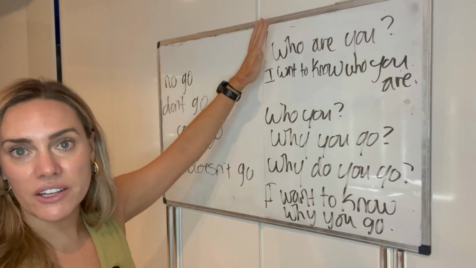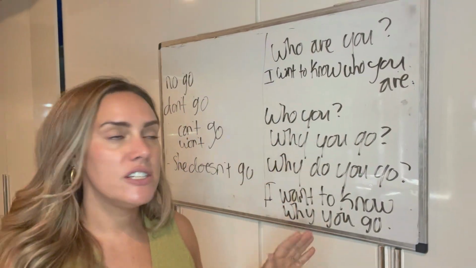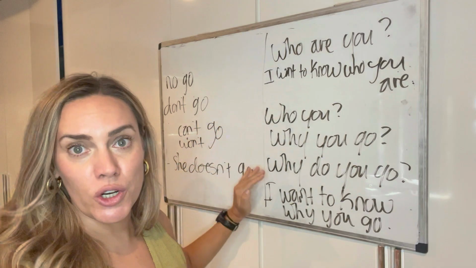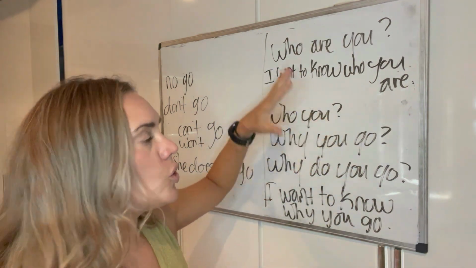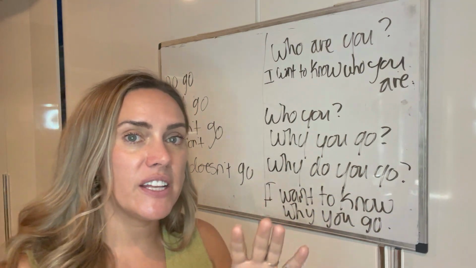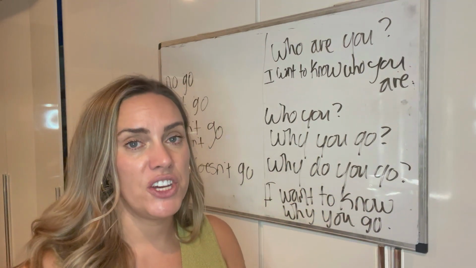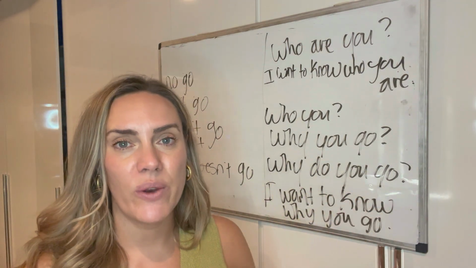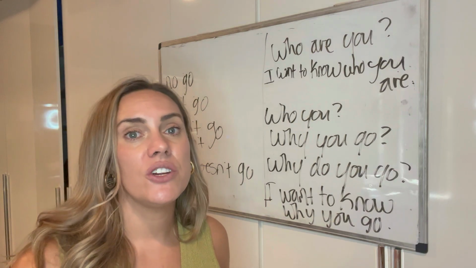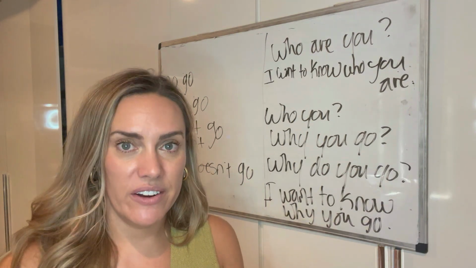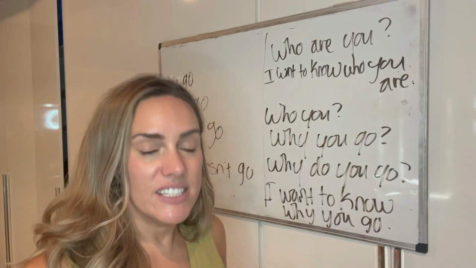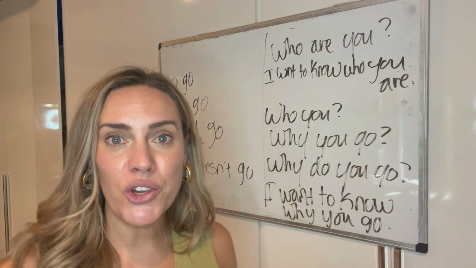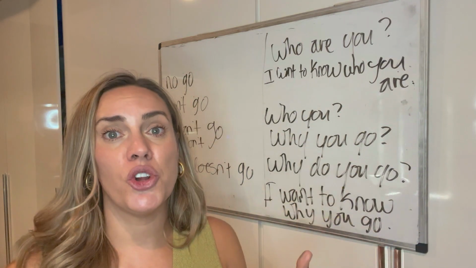So let me give you an example. Here on the board, I have some words written down. They're related to questions, specifically WH question formation: who, what, when, where, why, how. Those information questions require, just like other questions, sometimes, not always, the use of the auxiliary verb.